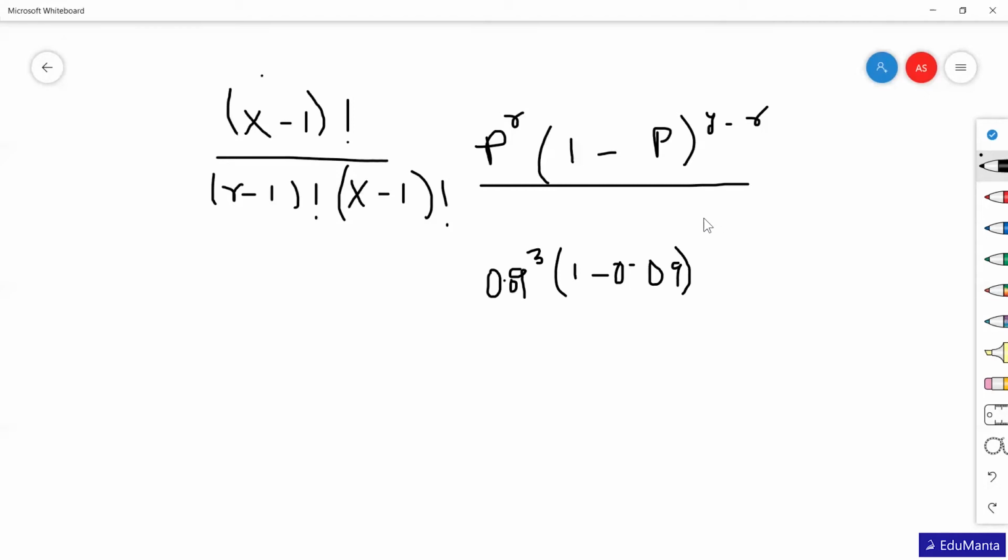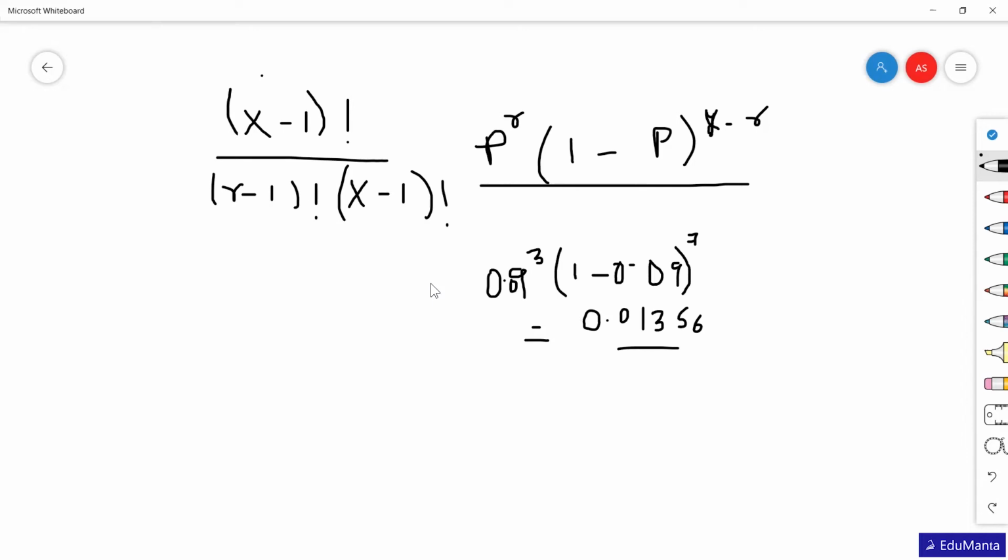Then this is raised to, again here this will be x minus r, that is 10 minus 3, which is 7. So on solving this, we are going to get the value of the probability. So note down the answer and try to calculate this with this formula, and I'm sure you're going to get the same answer.